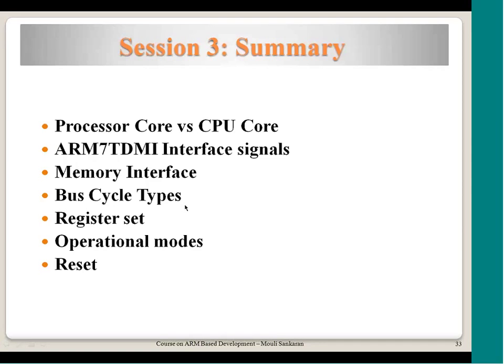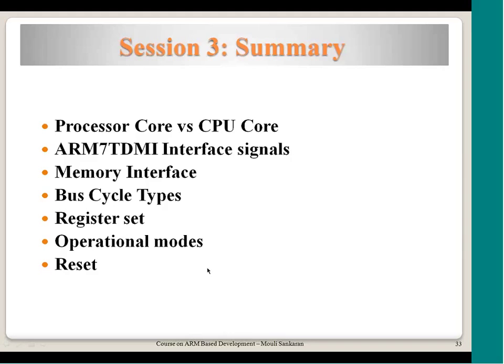Then we understood the register set where banked registers are there, and based on the lower 5 bits of the CPSR, different modes are decided, and based on the mode, different banked registers become visible, and there is a special saved process state register which is used for saving the CPSR content. And then we talked about reset.